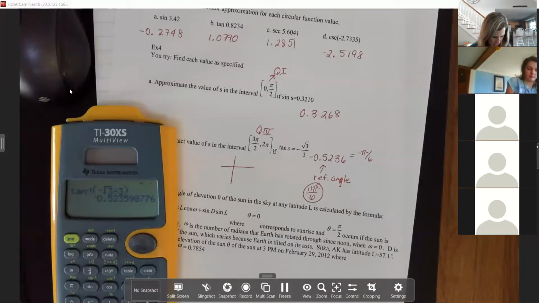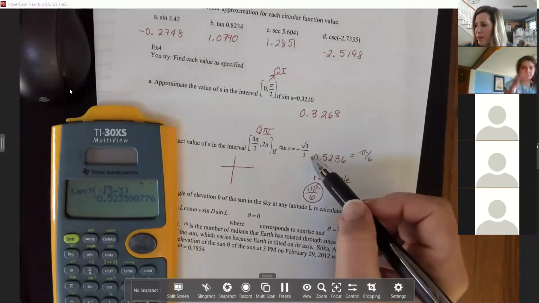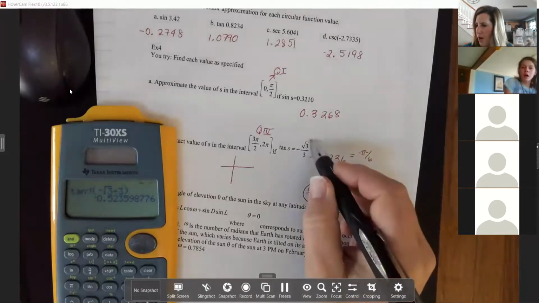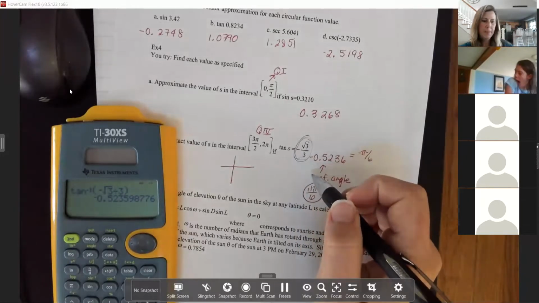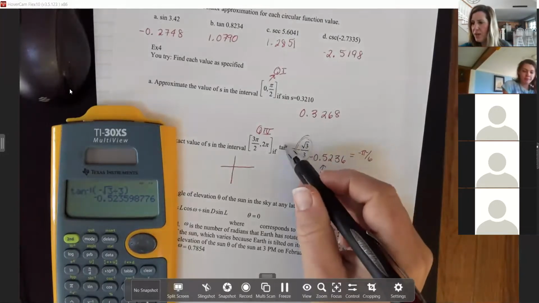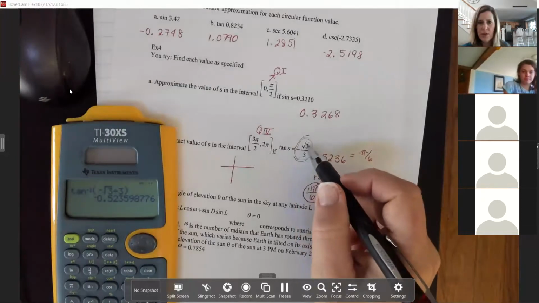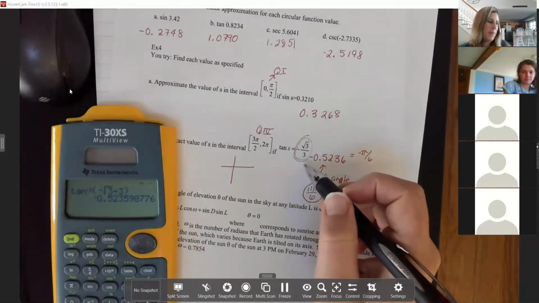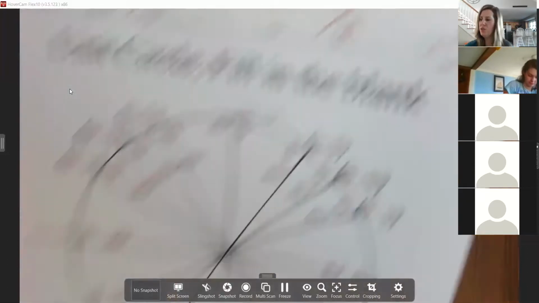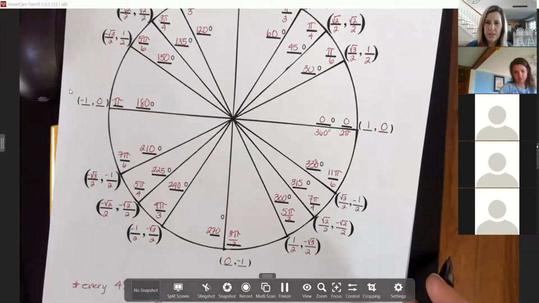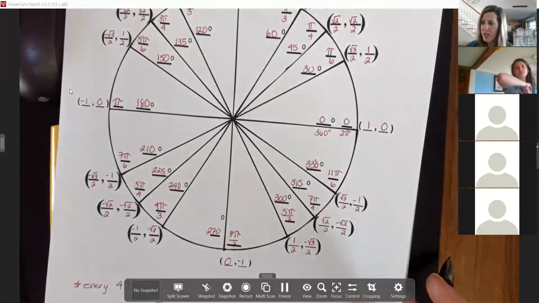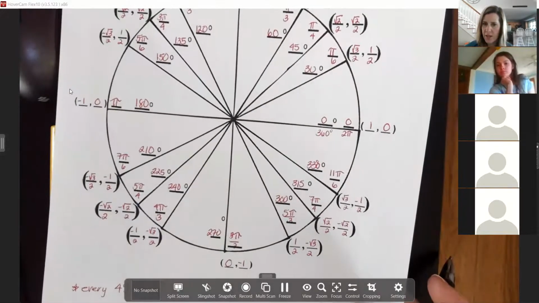Questions on that? That one is a little bit trickier. So how are they getting this value? You could look at your unit circle and try to determine how do we get the tangent of something to be root 3 over 3? Like where would I be on this unit circle? So tangent is y over x, right?